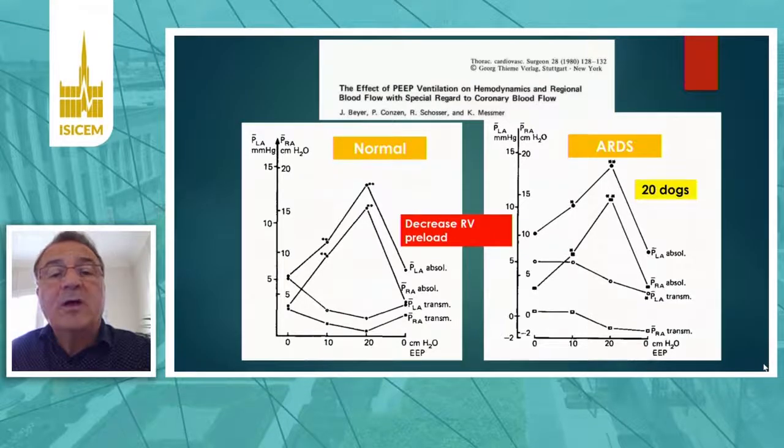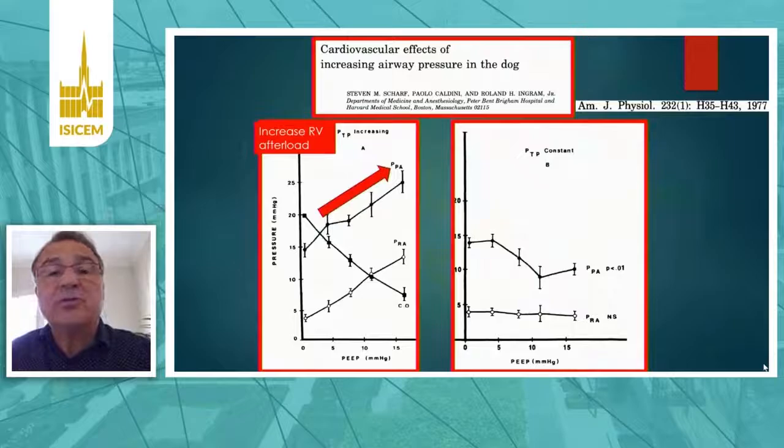So that's the first point. The second point is that when you increase the positive pressures in the lung, in the chest, then you increase the pulmonary arterial systolic and mean pressure, and then you increase the afterload of the right ventricle.